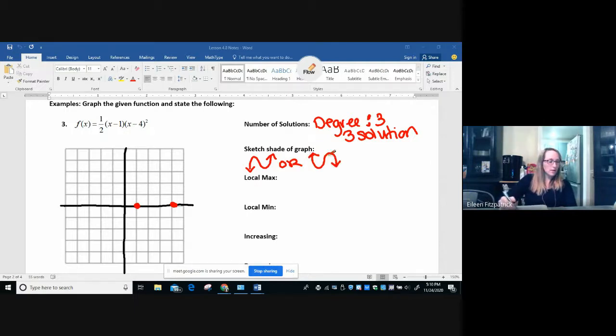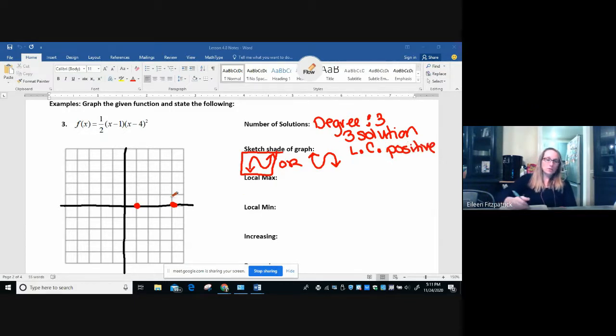Okay, well, your lead coefficient is positive, so it's going to be this one, which has a positive slope if you were to stretch it out, right? So lead coefficient is positive.